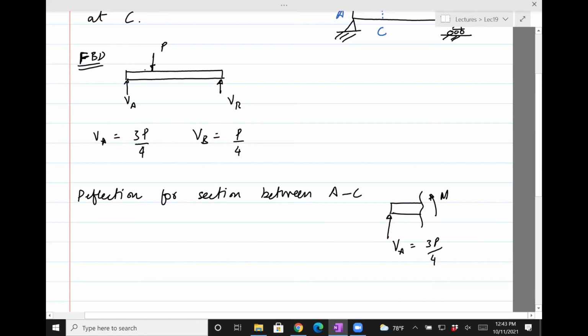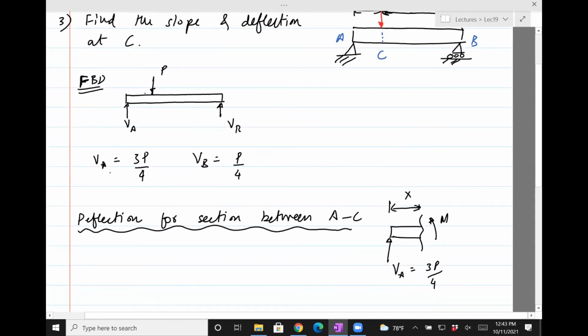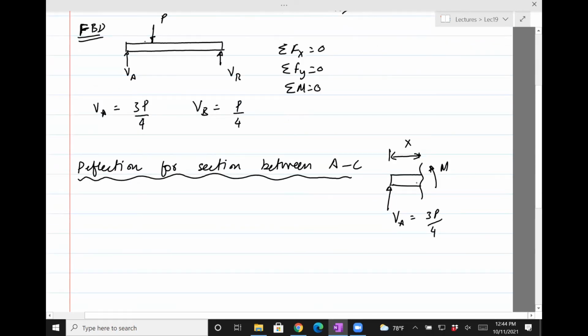So I just drew the M, which is an unknown now. X is this distance. This is very similar to how we drew a bending moment diagram. It came from doing Fx equals 0, Fy equals 0, and moment equals 0. I didn't write that because I assumed that you'll do that. No problem. So we cut the section.